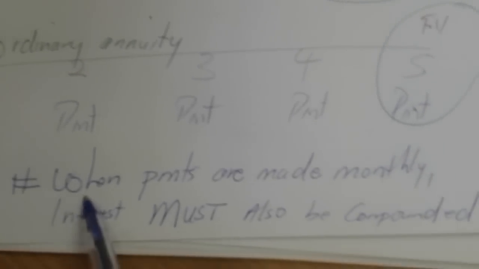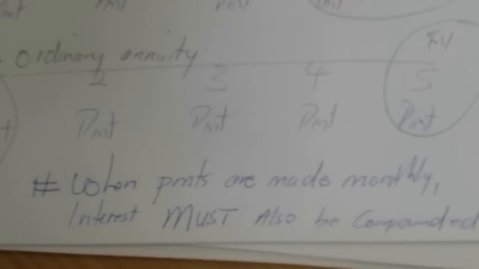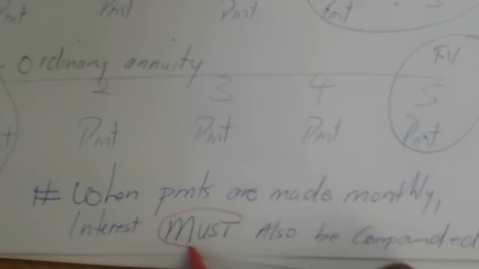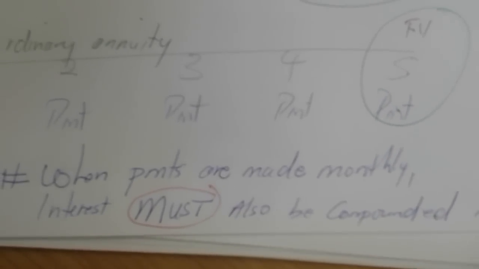So what are we saying now? If you are given a question whereby the interest is compounded monthly but the payments are quarterly, you must change that monthly rate to a quarterly rate. That's why we did that part of converting from one nominal to another, right? When payments are made monthly, interest must, not may, must also be compounded monthly.